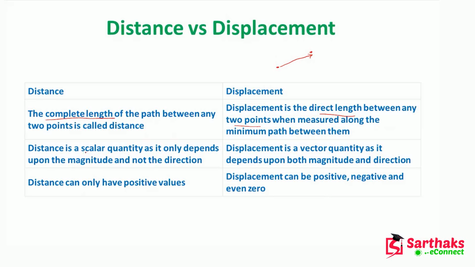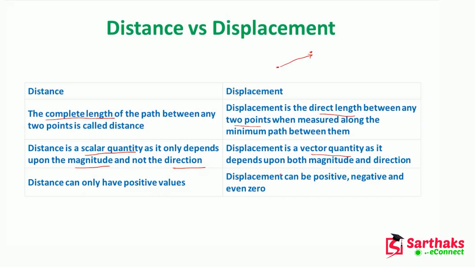Now, distance is a scalar quantity because in case of distance, you are not mentioning any direction. You are just mentioning the length you have covered. So, distance is a scalar quantity as it only depends upon the magnitude, not the direction. And displacement, that is a vector quantity.